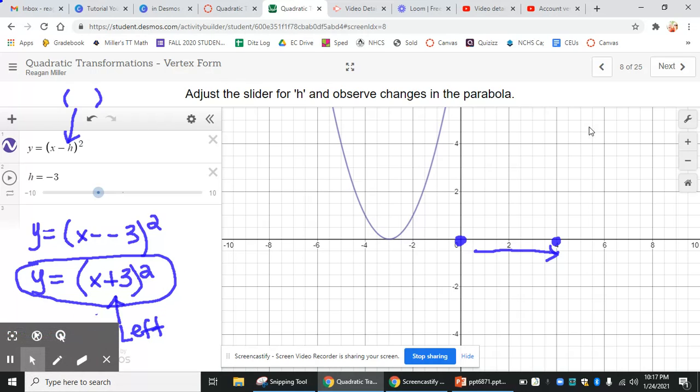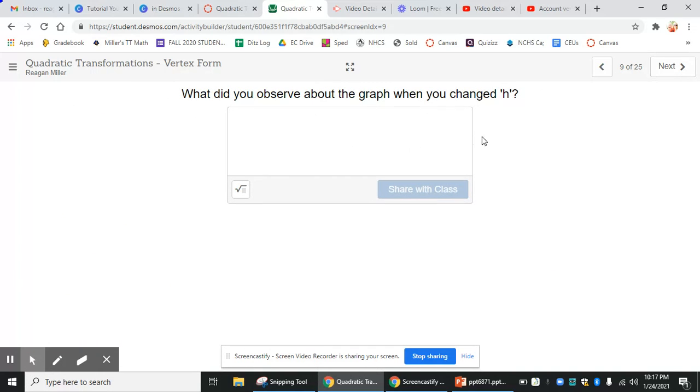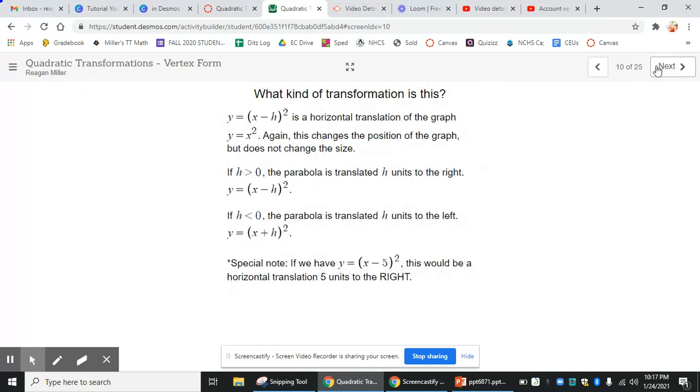So think about how h changes the function. What did you observe about the graph when you changed h? Well, when you're changing h, we have a horizontal translation, that changes the position of the graph, but it doesn't change the size of the graph. So we could move it to the left, and that'll have a positive number on the inside, which is opposite of how we normally think, because technically moving to the left is the negative direction.